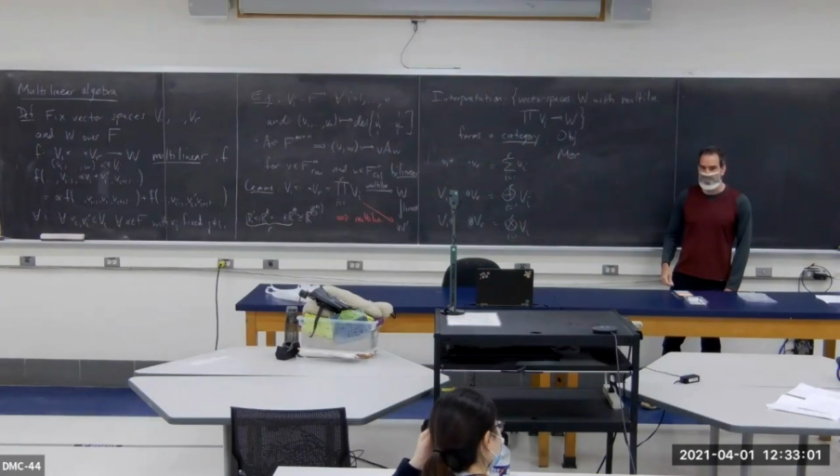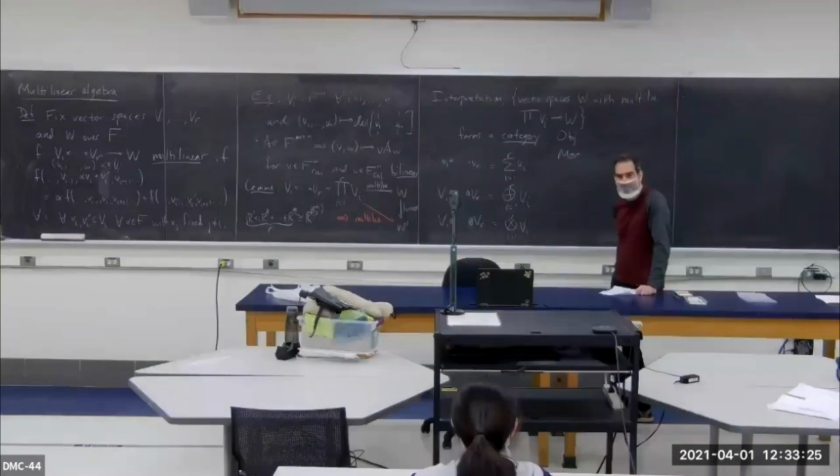Professor, real quick, just to make sure I understood the situation here. If I have a collection of vector spaces and I have linear transformations between them, then if I have a multilinear transformation from the product space to one of them, I will also have a multilinear transformation to all the other ones? No, from the product.